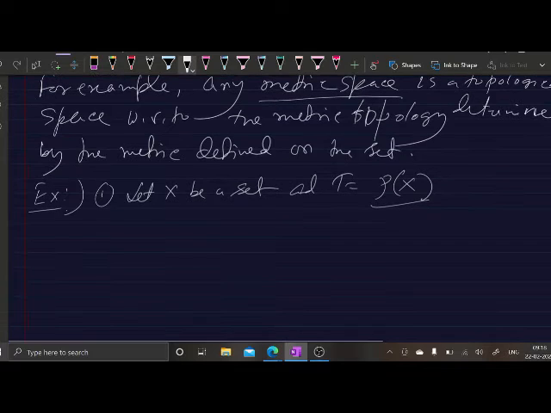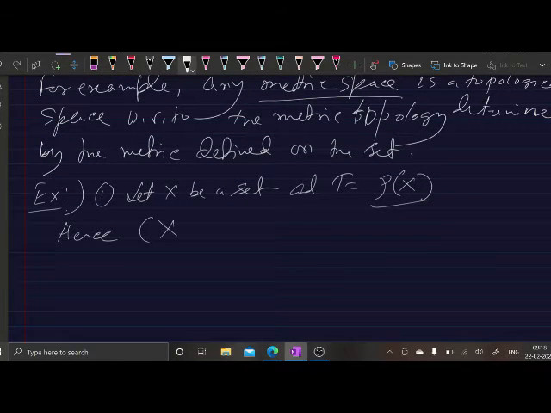So hence X, power set of X, is a space which is called a discrete space.